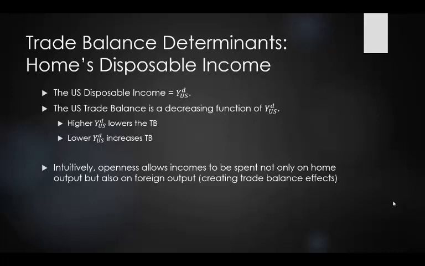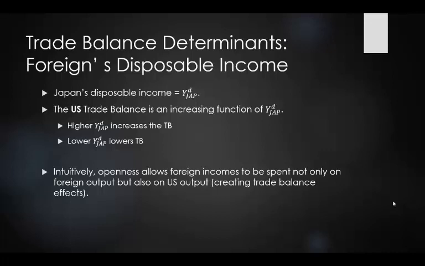So higher disposable incomes reduce the trade balance as imports increase, and similarly, lower disposable incomes increase the trade balance as imports fall. By analogous reasoning, foreign disposable incomes also influence the trade balance by increasing it if they increase and decreasing the trade balance if they are reduced.